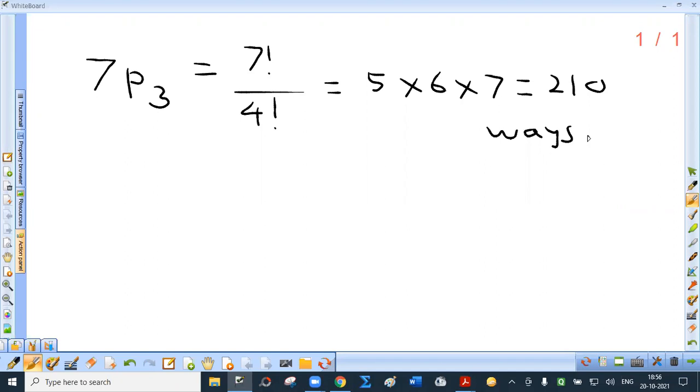Also, 6 consonants can be arranged amongst themselves in 6P6 equal to 6 factorial equal to 720 ways.